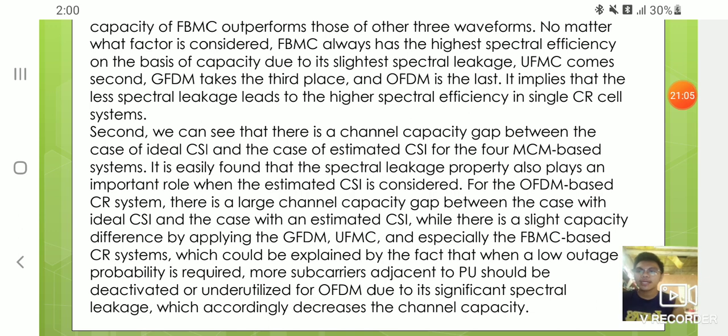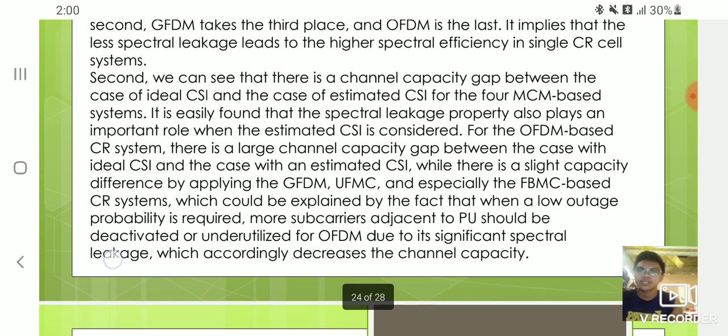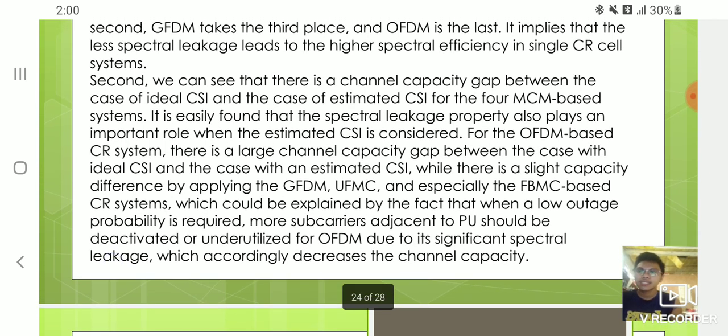Second, we can see that there is a channel capacity gap between the case of ideal CSI and the case of estimated CSI for the four MCM based systems. It is easily found that the spectral leakage property also plays an important role when the estimated CSI is considered. For the OFDM based CR system, there is a large channel capacity gap between the case with ideal CSI and the case with estimated CSI.